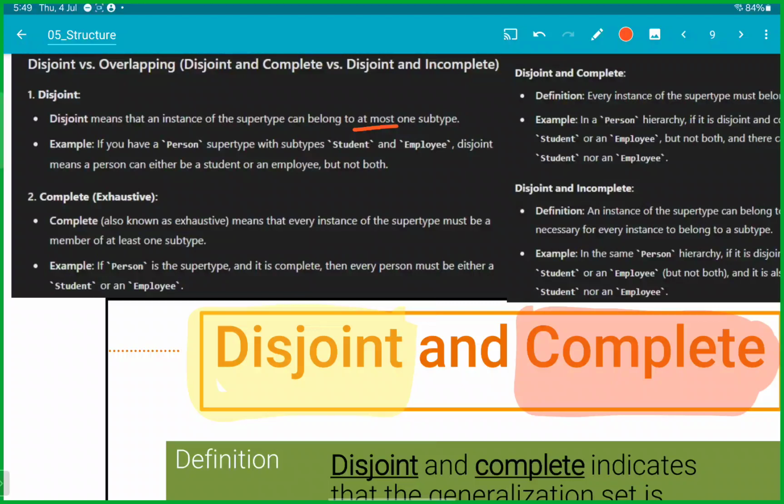An example would be a superclass called person with the subclasses student and employee. Disjoint means there are persons that are either students or employees, but they are never both. There is no member who is both. Therefore, it's not overlapping, and it's disjoint, because disjoint means non-overlapping.